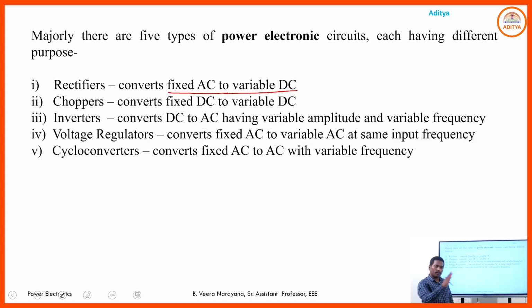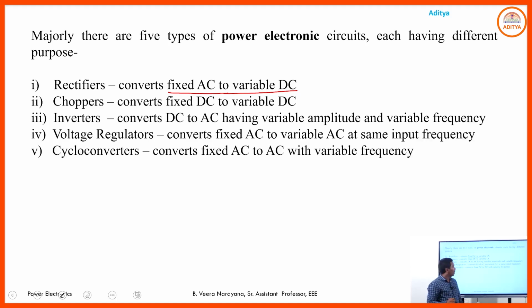If the output is variable DC from the fixed AC input, those are called phase controlled converters or controlled rectifiers. If you have fixed DC output voltage from fixed AC input, that is called an uncontrolled converter. We clearly discuss the controlled rectifier and the uncontrolled rectifier in the second unit.